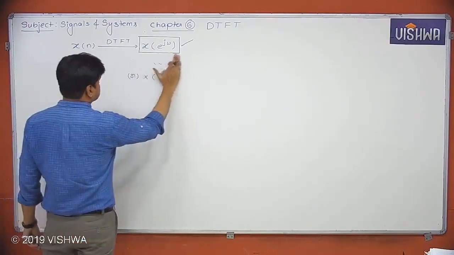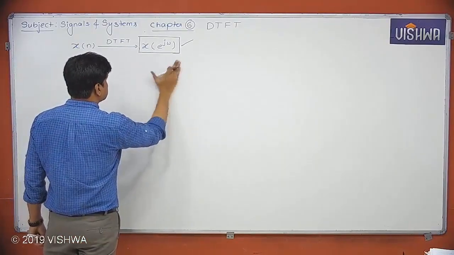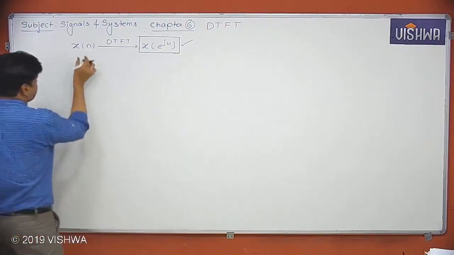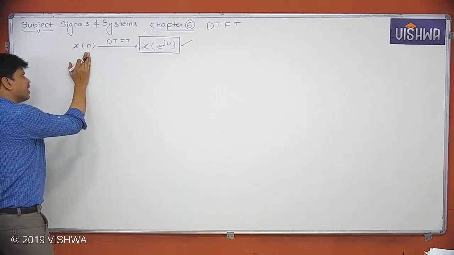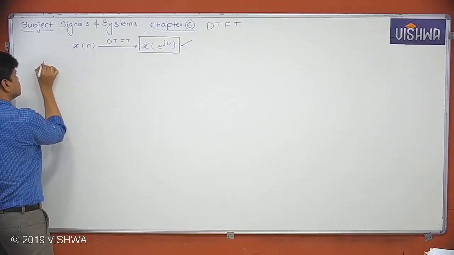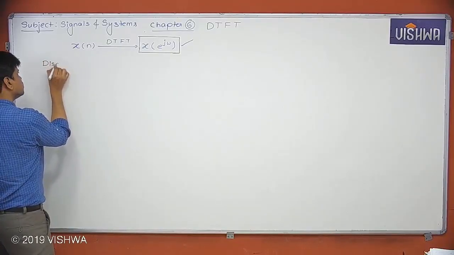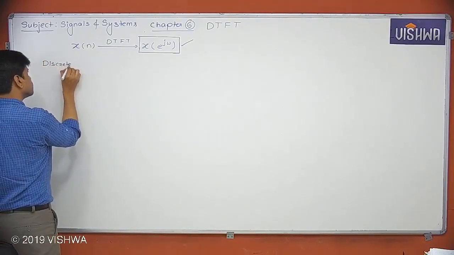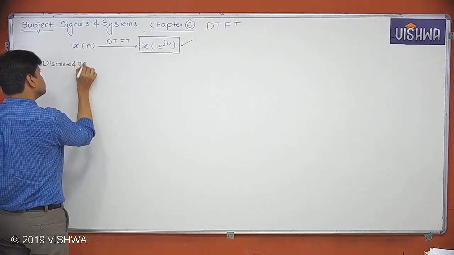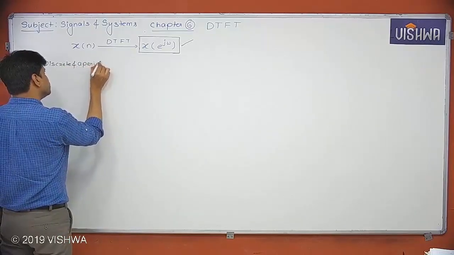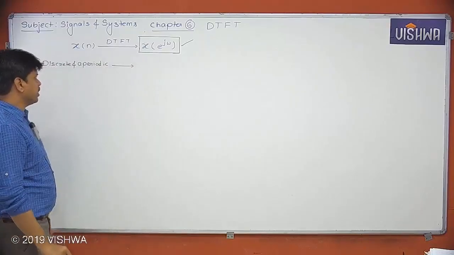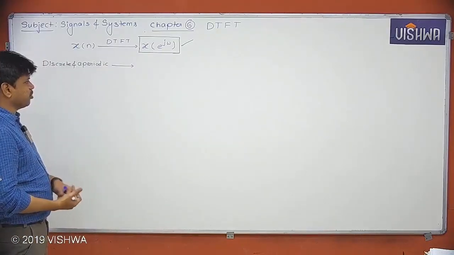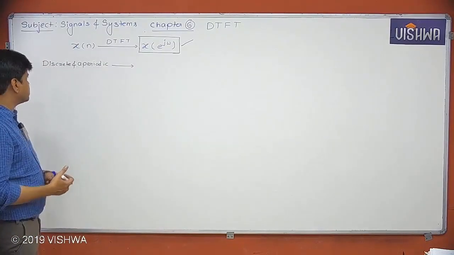So let's see. Here, what is the nature of x of n? It is a discrete time signal and aperiodic. This is going to give you x of e power j omega. What is the nature of that x of e power j omega? Just now we have seen some pairs.